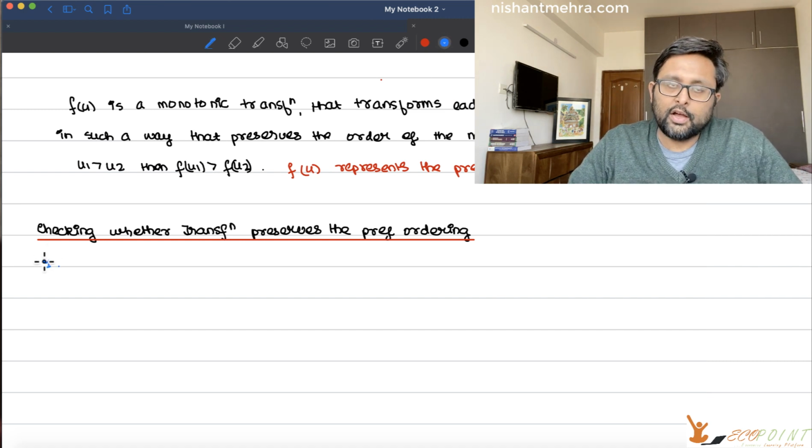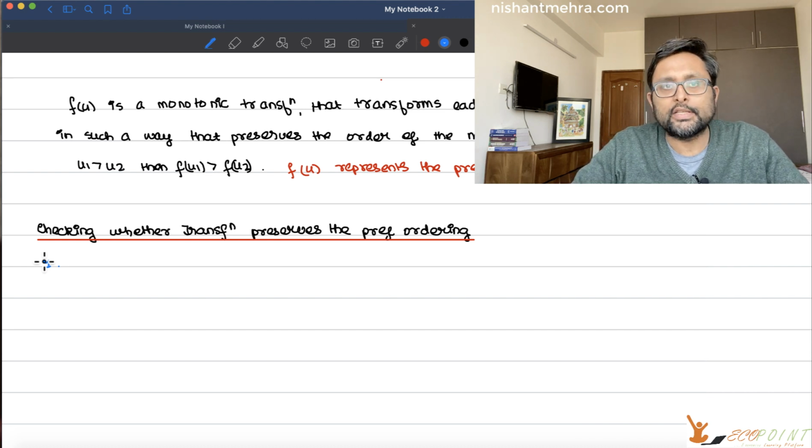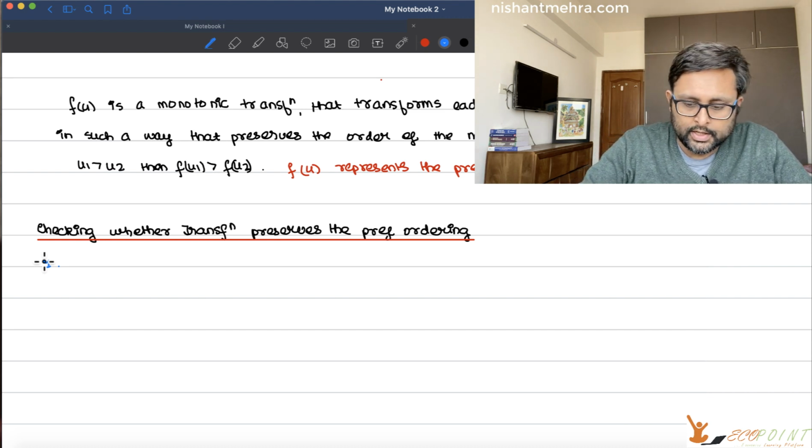So if you're moving away from the origin and your utility is increasing, the number assigned to the utility is increasing, you can say that the preference ranking is preserved, right?